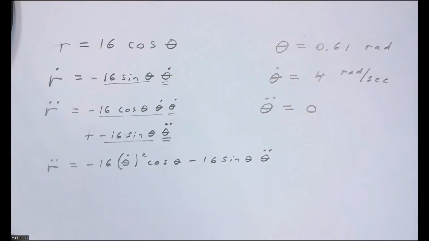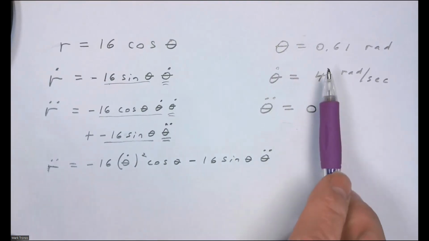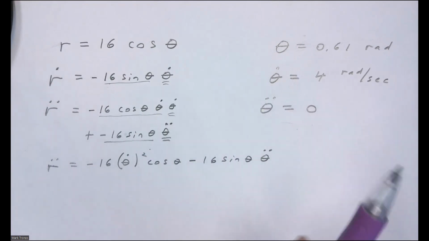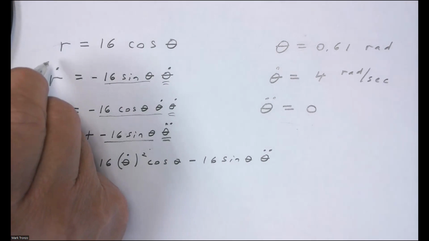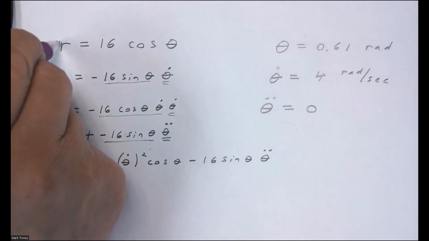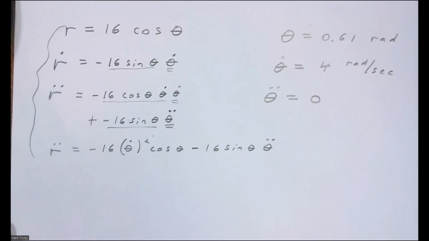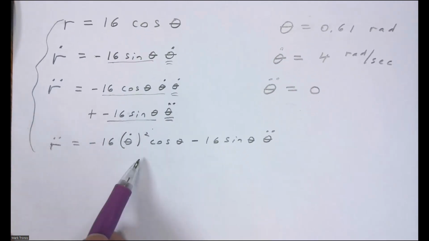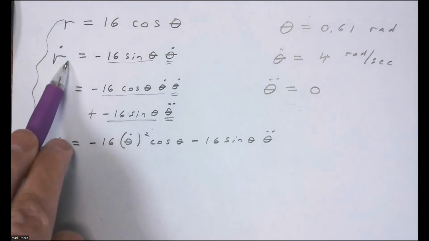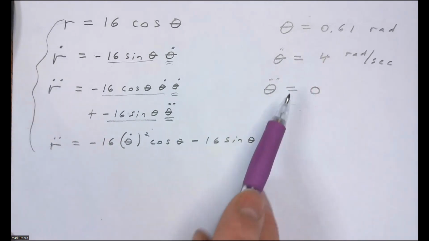Now let's substitute everything we have up here into our equations. Again, we've rewritten this one, so it's really just this, this, and this. So we're going to use these values.